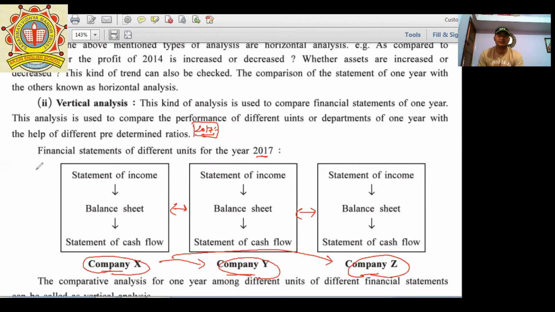Like what is the comparison? Like for P&L accounts, for balance sheet, for cash flow purpose.